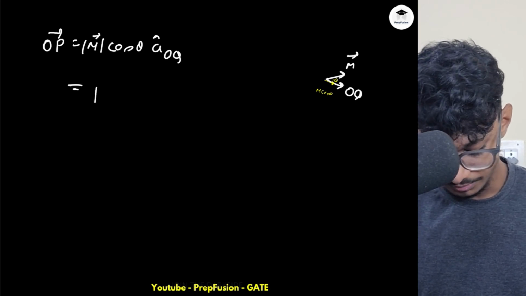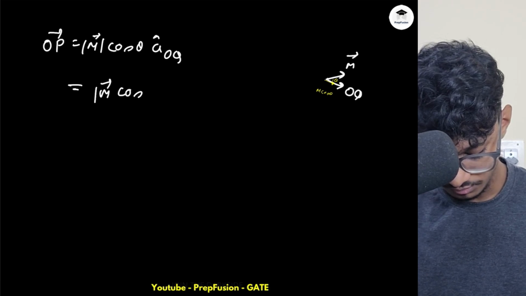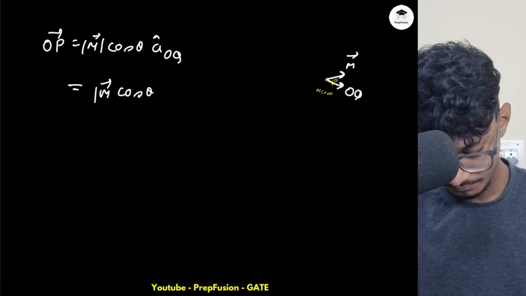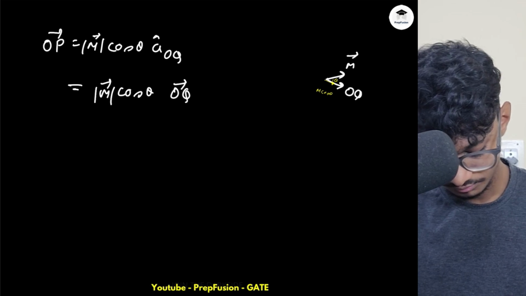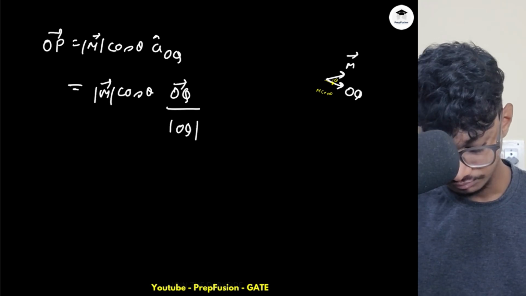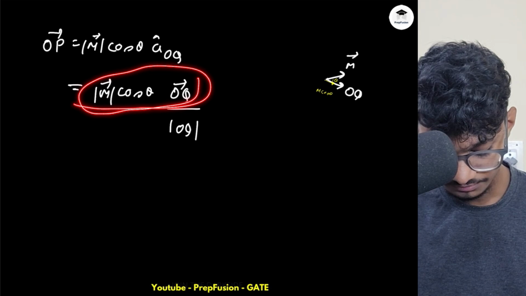So this is the magnitude of M cos theta, and this actually is the OQ vector divided by the magnitude of OQ. What is this actually?